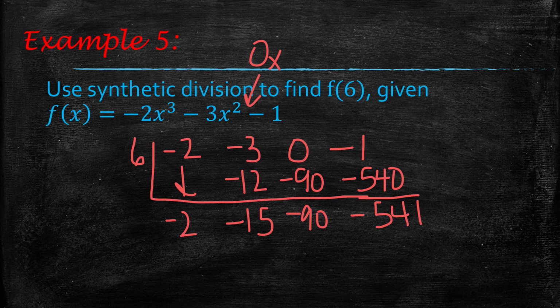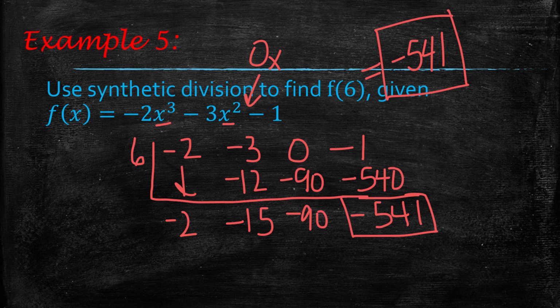So that's telling me the remainder is what that f of 6 is, -541. Again, if I plugged that in for x here and here, that is the answer that I should get. So this is the remainder theorem. This is how this works.